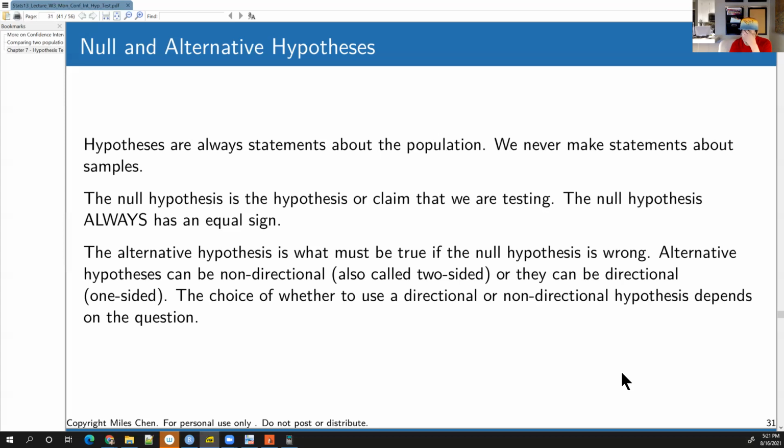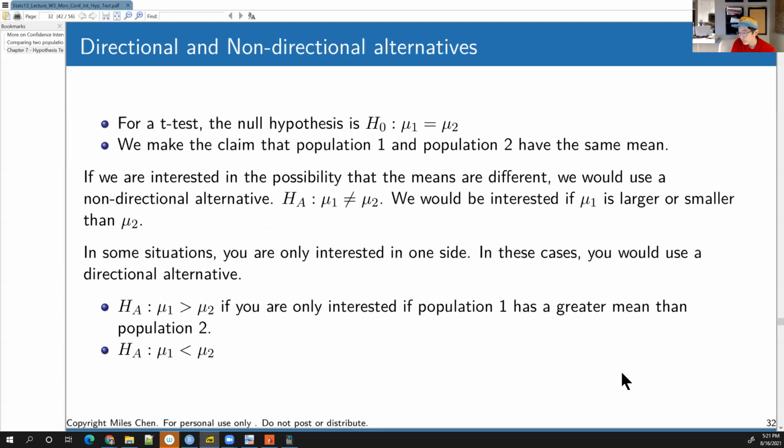Okay, or they can also be directional, also known as a one-sided alternative. And whether you use a directional or non-directional alternative hypothesis depends on the question and how the question is written. And so you have to pay attention to what the question says, okay?